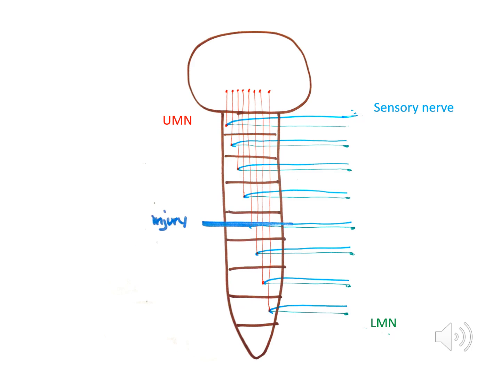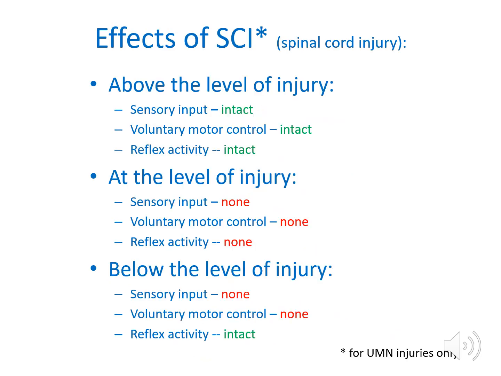Yes, right? Because remember, the spinal reflex doesn't need any input from the brain. It can operate just by having the sensory nerve synapse with the lower motor neuron. So below the level of the injury, there is no sensation, there is no voluntary movement, but there is still reflex activity.